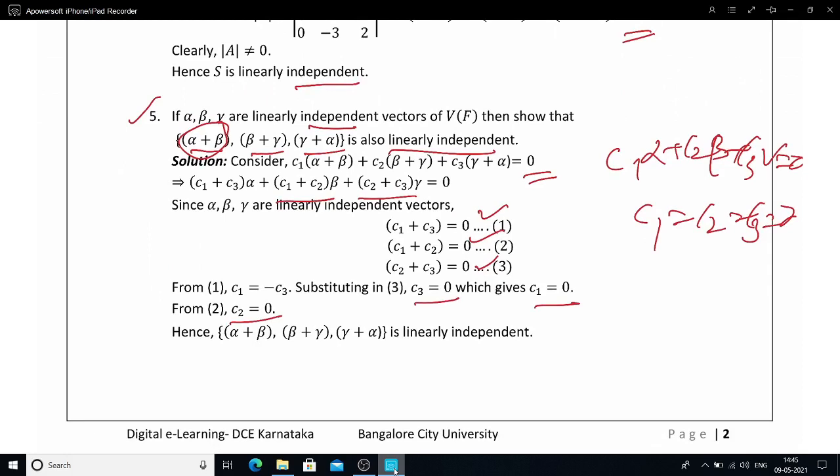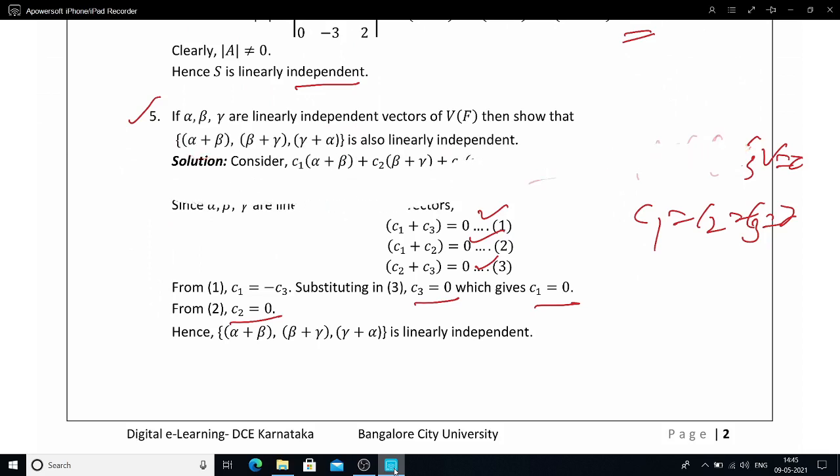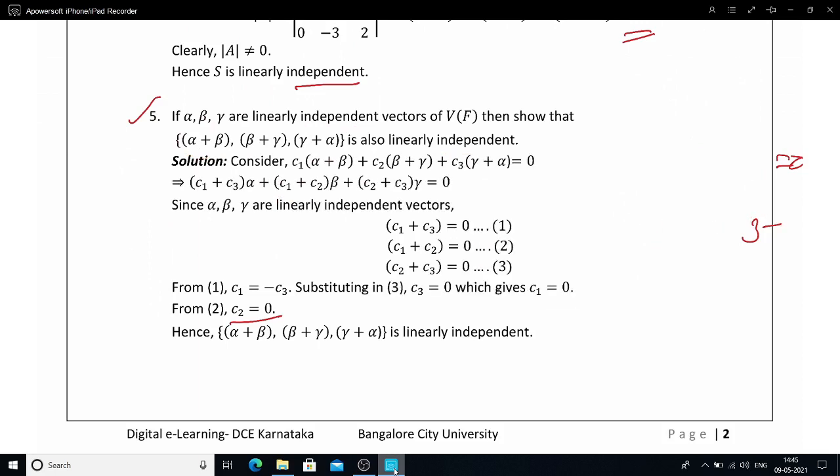That shows that if alpha, beta, gamma are linearly independent, then the set containing the vectors alpha plus beta, beta plus gamma, and gamma plus alpha is also linearly independent.